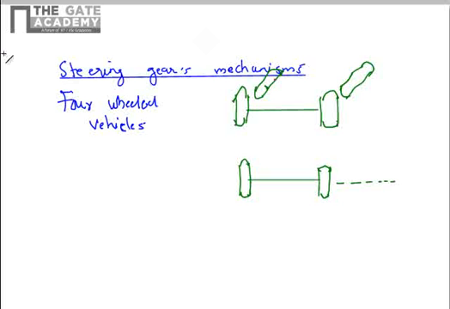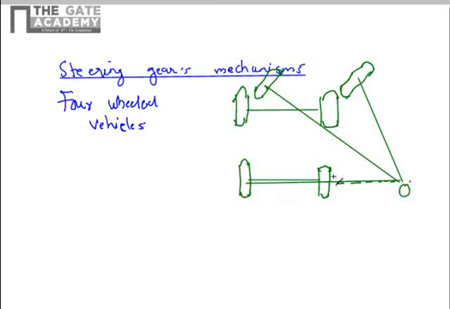So the condition for steering is that at any point of time, the perpendicular lines through the centers of the wheels should intersect at a common point.